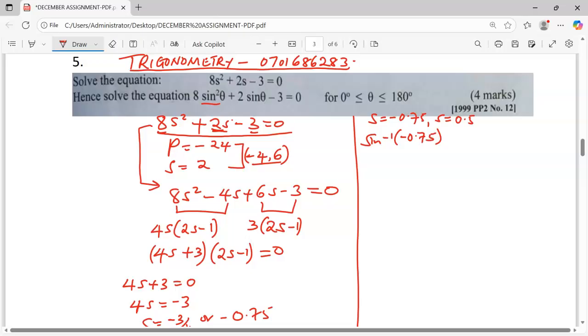We can use our calculator here, shift sin inverse of negative 0.75. This one is going to give us negative 48.59 degrees. Also, the sin inverse of 0.5 will give us 30 degrees. At this point now, we are good to move to the unit circle.